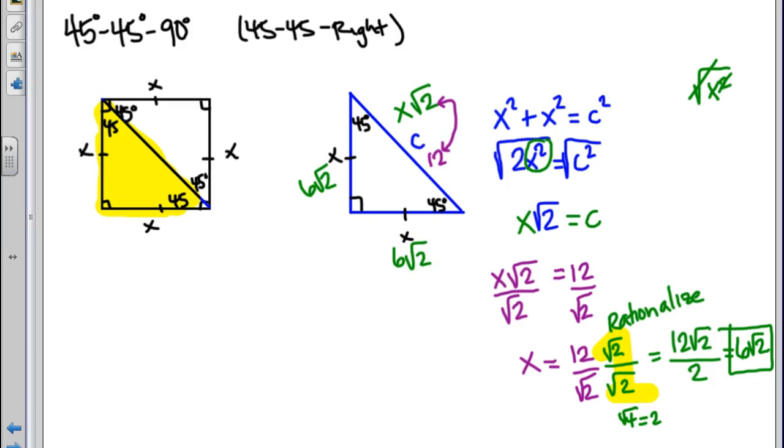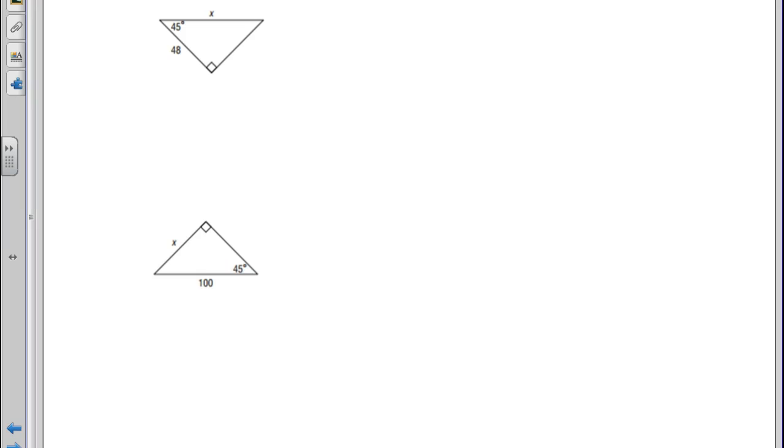All right, let's work a few problems here. All right, so the first problem. I see I have a 45, that makes this a 45, 45, 90 right triangle. The first thing you need to ask yourself is, did they give me the leg length or the hypotenuse length? So here's the hypotenuse and straight across is an X. So I'm trying to find the hypotenuse.